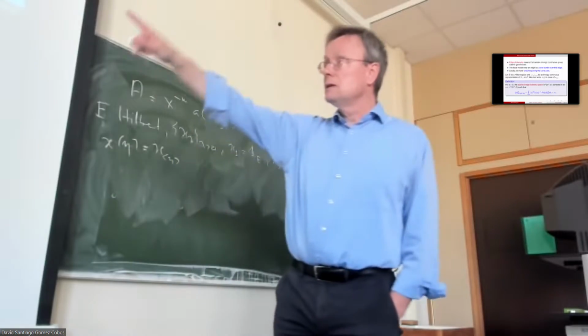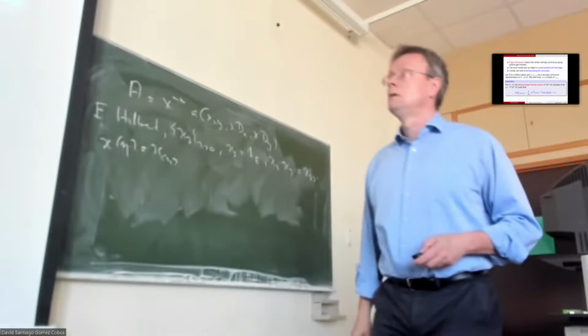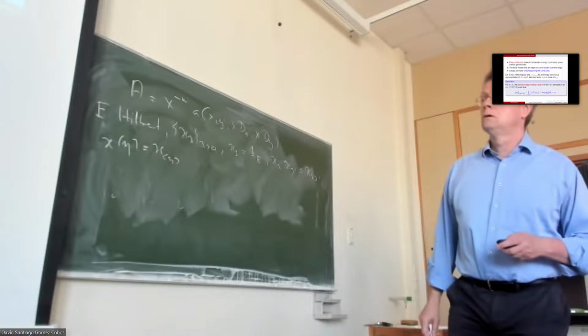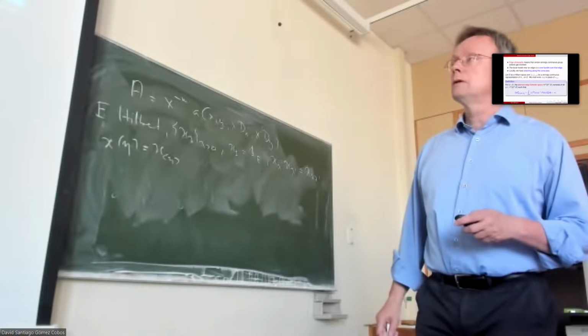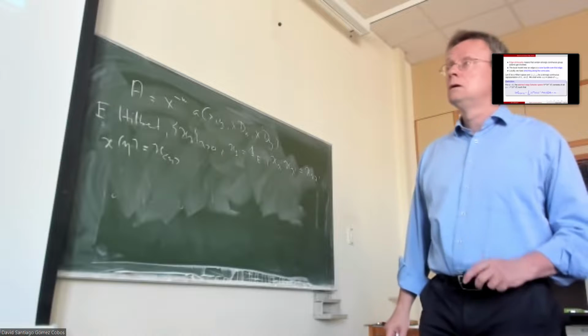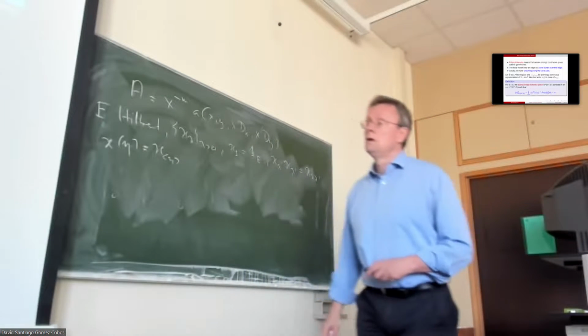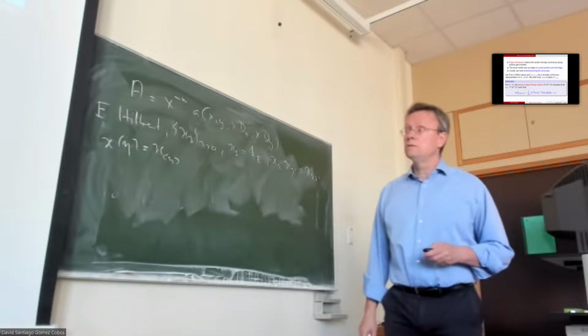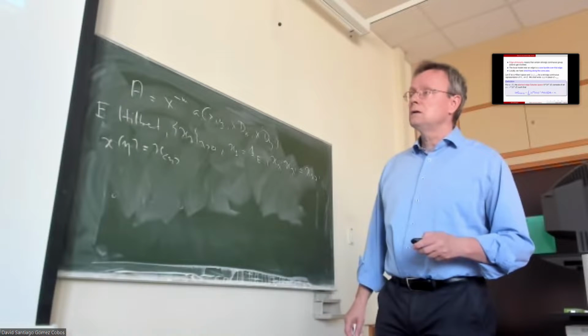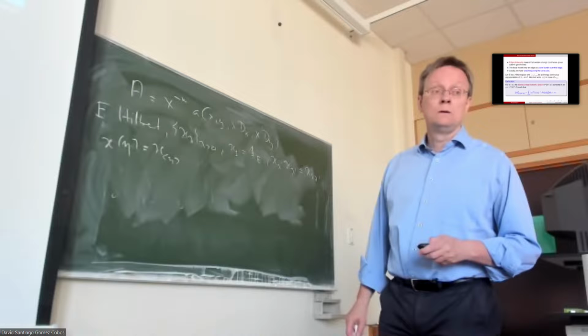So basically we get the edge Sobolev space W^s(R^d, E), the regularity s, with values in E. This consists of all tempered distributions on R^d with values in E such that that expression is finite.